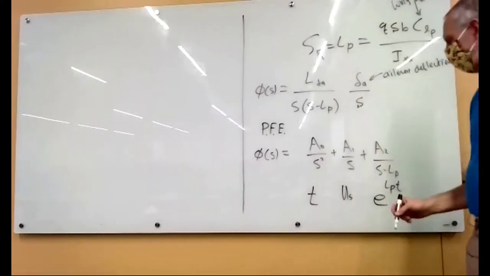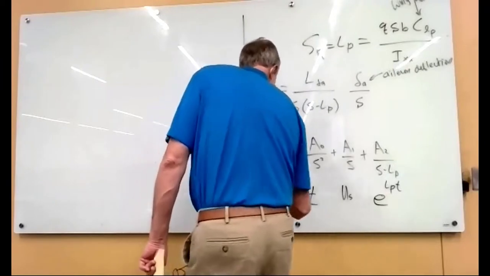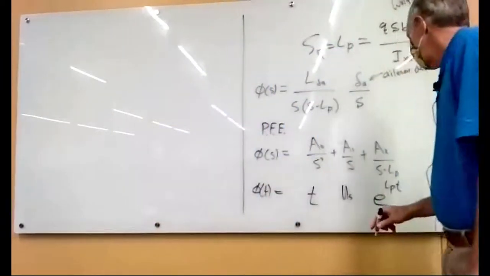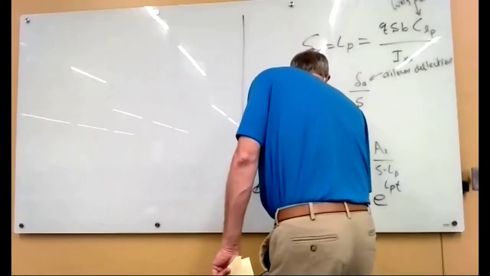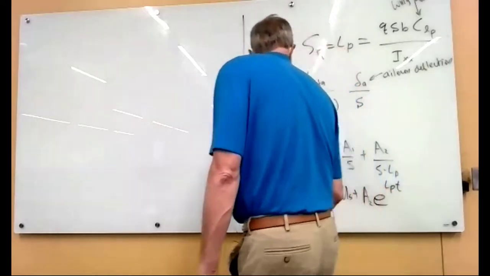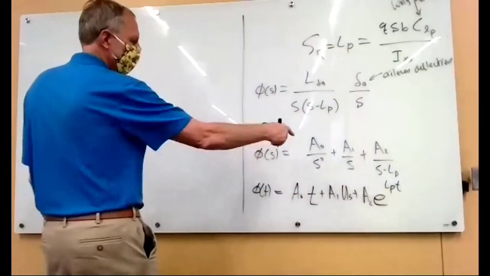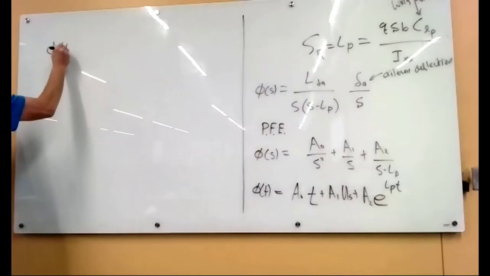Right, inverse Laplacing. And the A0, A1, and A2, we'll have to figure out what they are. So we inverse Laplace, we find out A0, A1, and A2. And the time response then, once we do some algebra, gives us this.